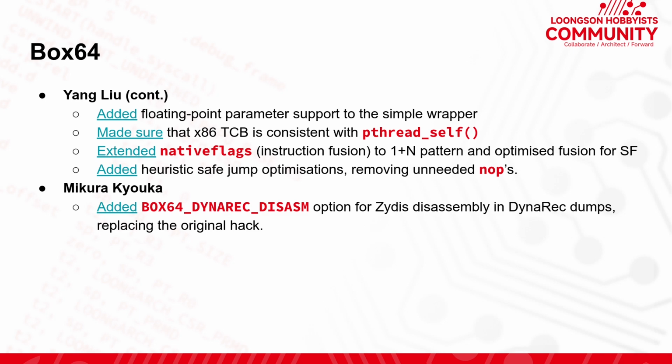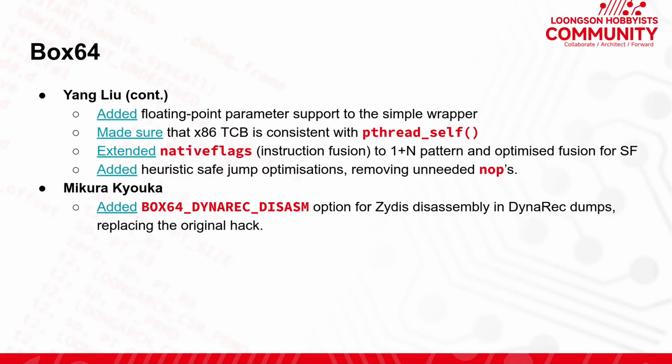Next, for the integer instruction fusion, before this, we only supported the 1+1 pattern. Now we support the 1+n pattern, so we can fuse more opcodes after this optimization. Next, we added some safe jump optimizations.